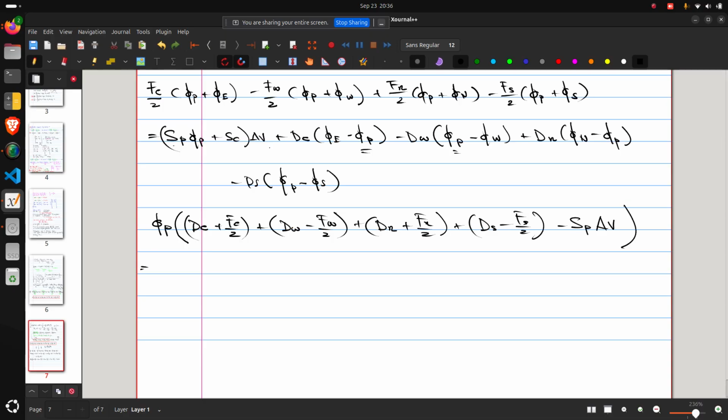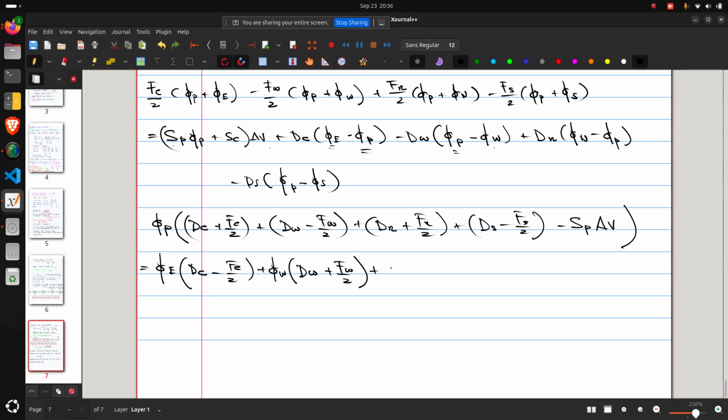Now what about the phi east term? So phi east will have what terms? Phi east has dE and phi east has Fe by 2. This is positive, right, and it will come in the right hand side, so it will become minus Fe by 2. Plus phi capital W: negative negative positive, it will be dW, and this is also negative, so it will become positive, so F small w by 2.